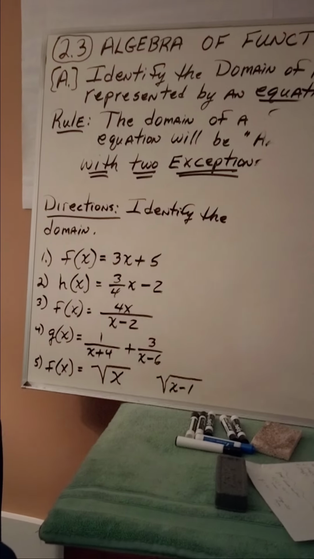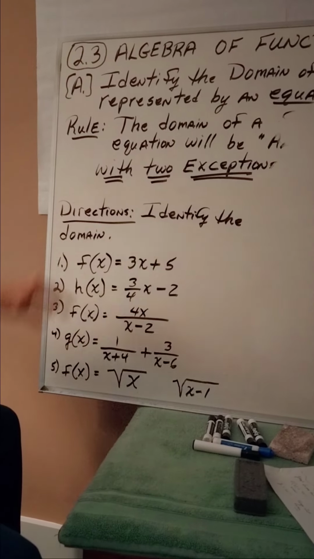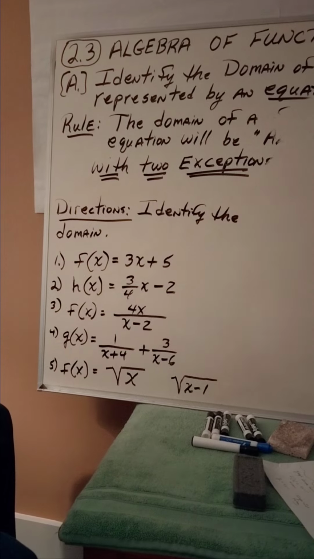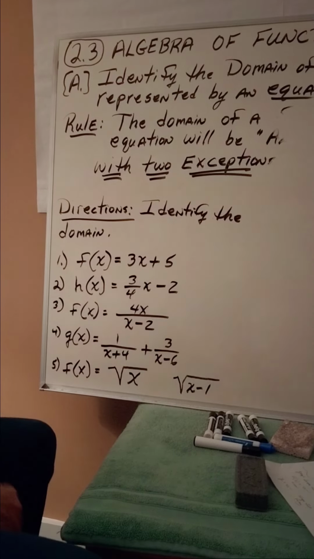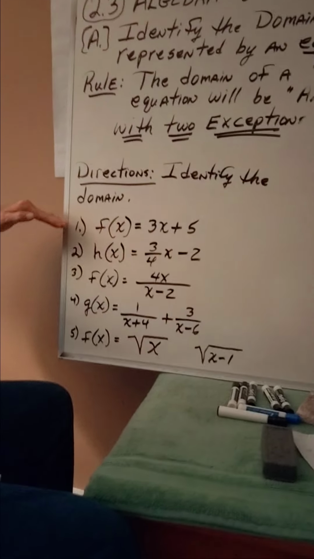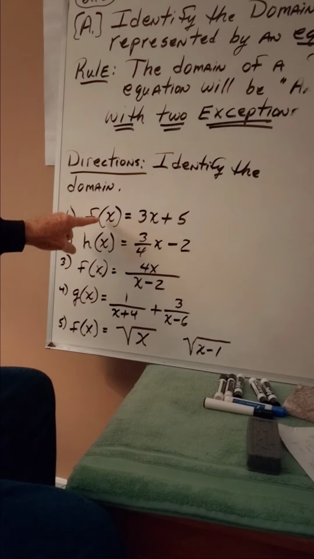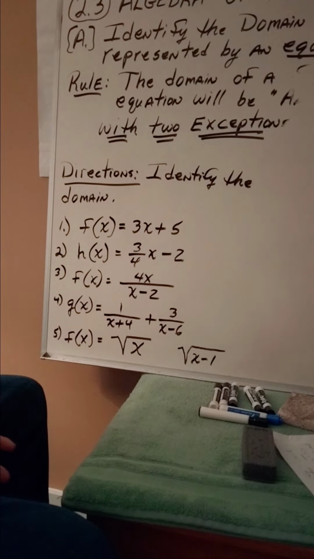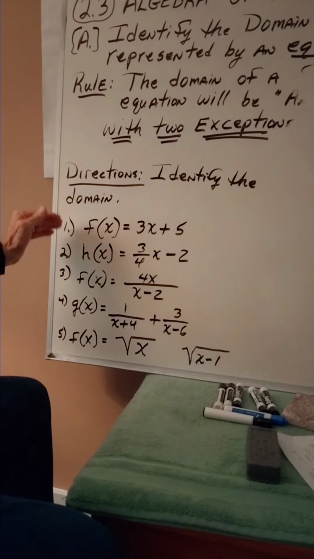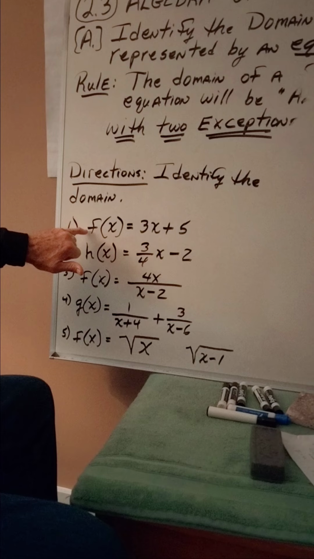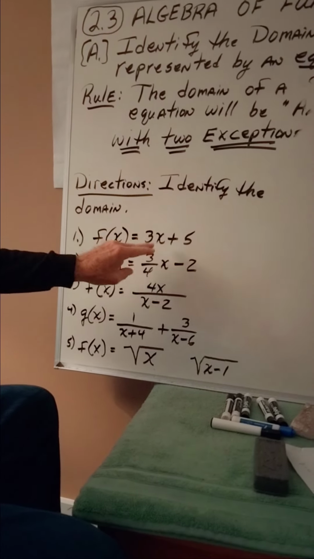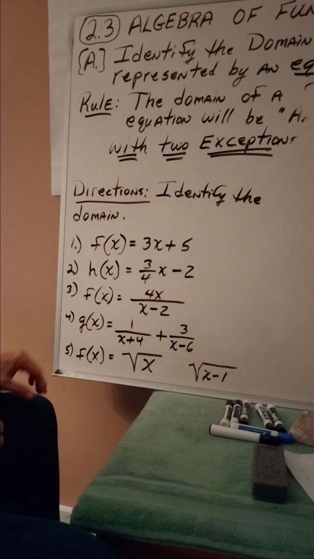Directions: we want to simply identify the domain of these functions that are being represented by equations. So we go to number 1. I'm going to read it in the way that it should be read. I know a lot of people will read number 1 as f of x is equal to 3x plus 5.